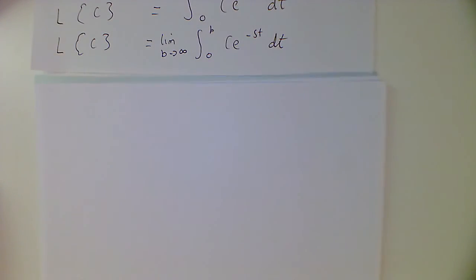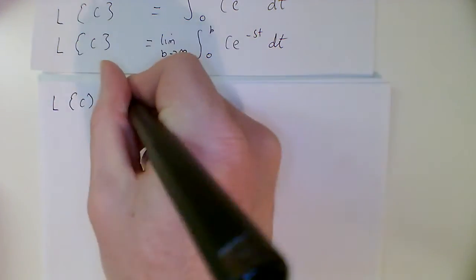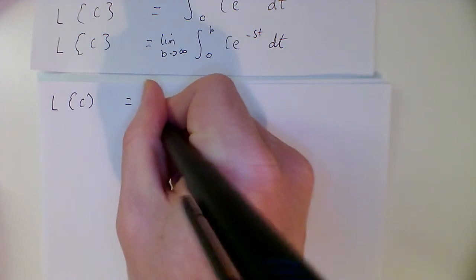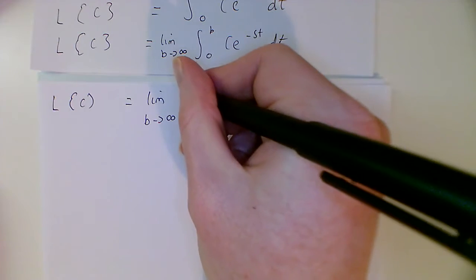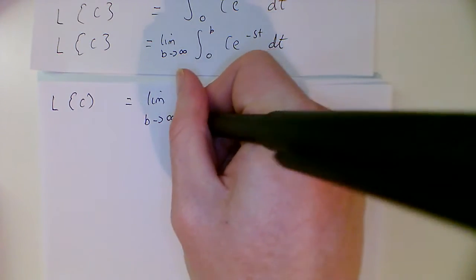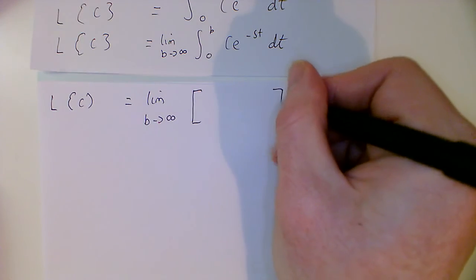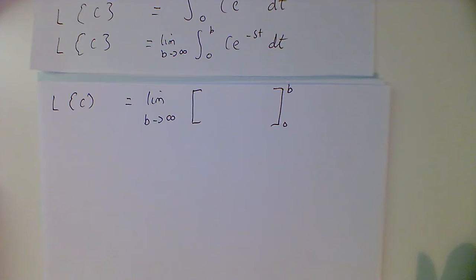So the Laplace transform of c equals the limit as b goes to infinity. Now remember, it's definite integration, it's got limits, so it becomes a square bracket, and the limits move over to the other side to show you that you have actually integrated it.